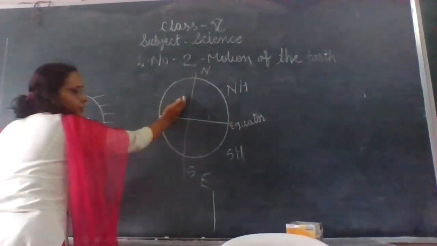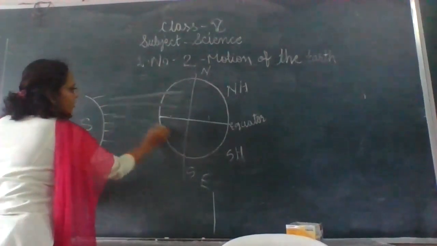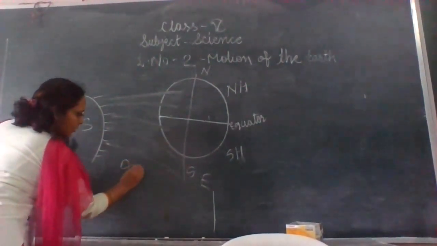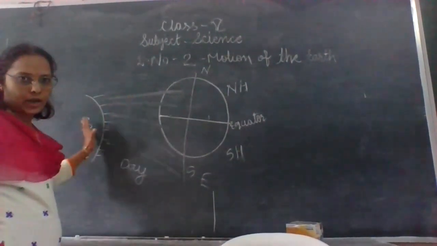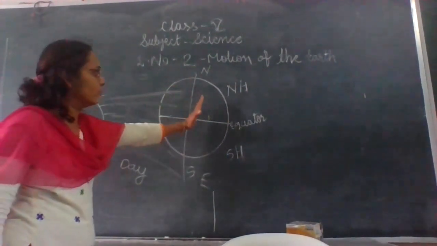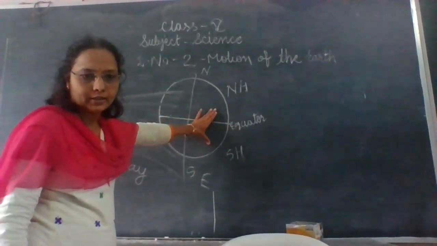The part which faces towards the sun represents the day, meaning sunlight falls on this portion, whereas the portion which is away from the sun represents the night.